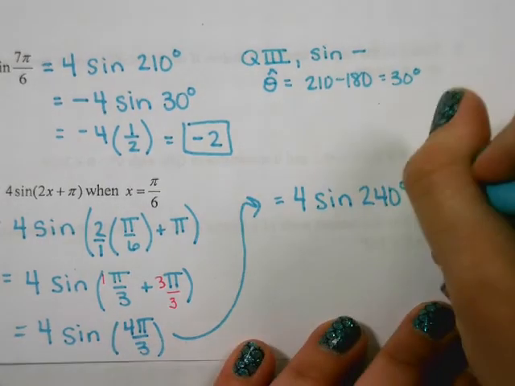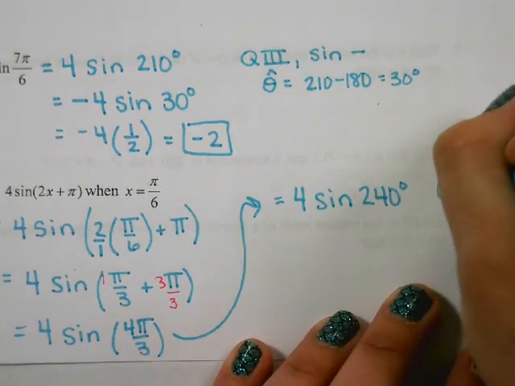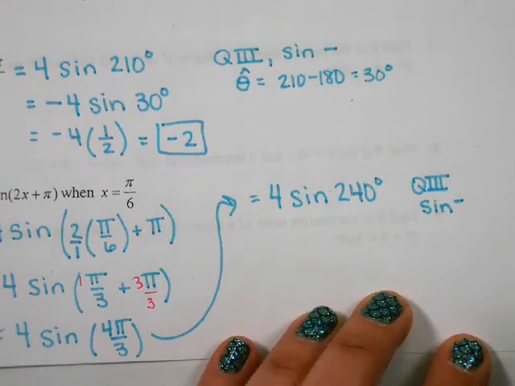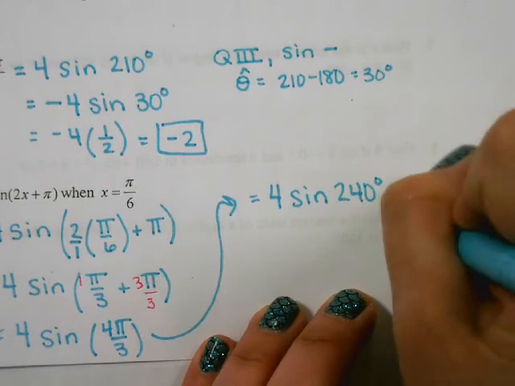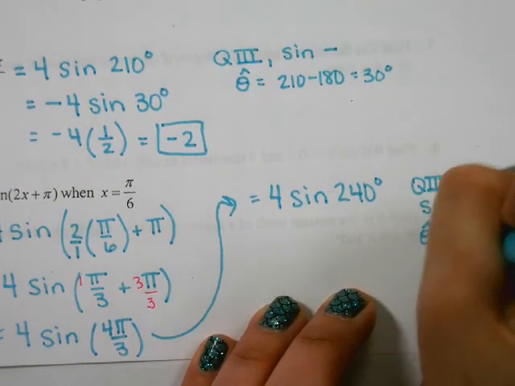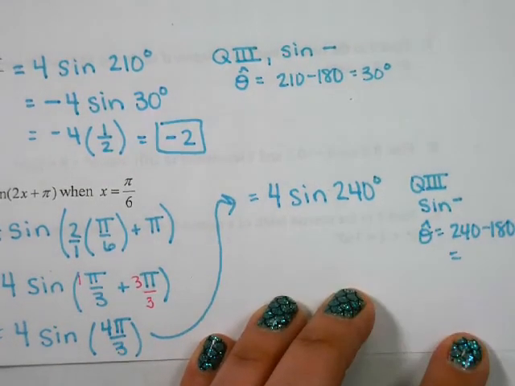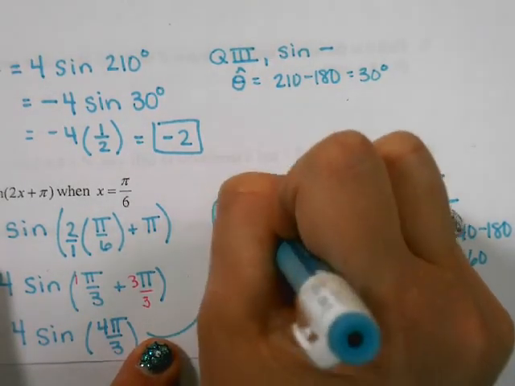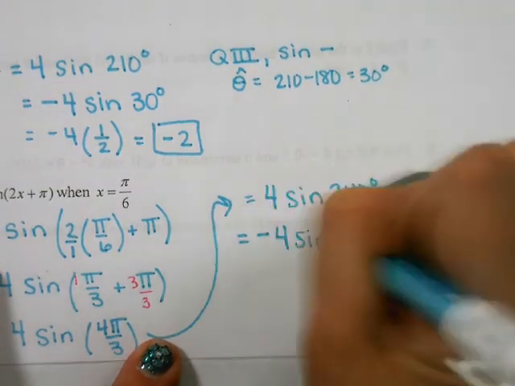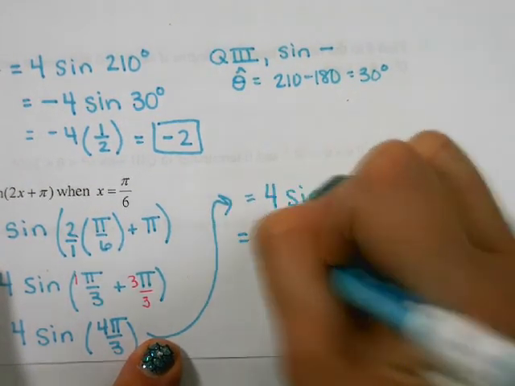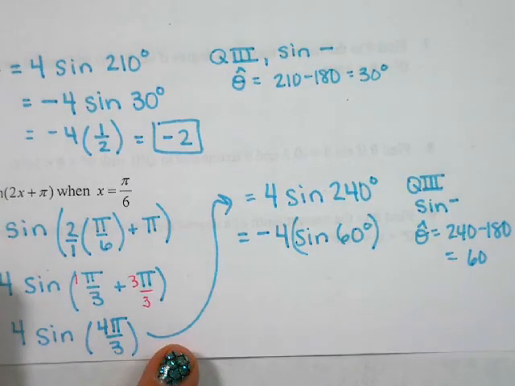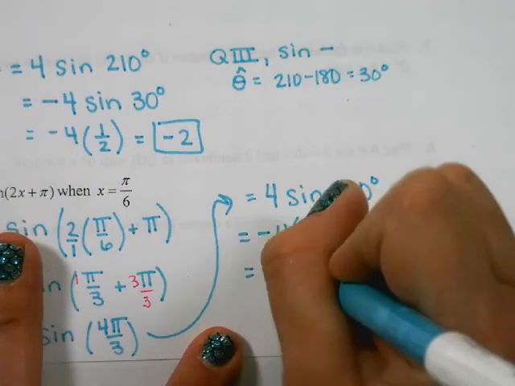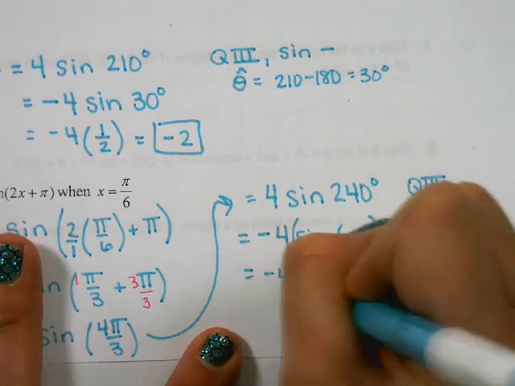We're still in quadrant 3 like the last one. So we know sine is negative. So my reference angle is 240 minus 180, or 60. So this is equal to negative 4 times the sine of 60. Exact value chart, negative 4 times root 3 over 2.